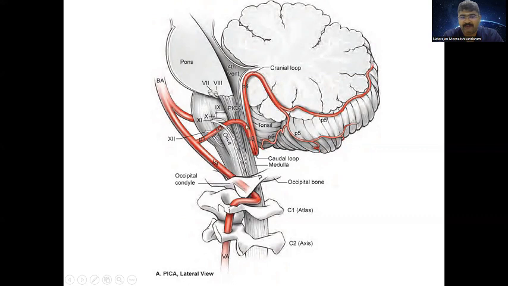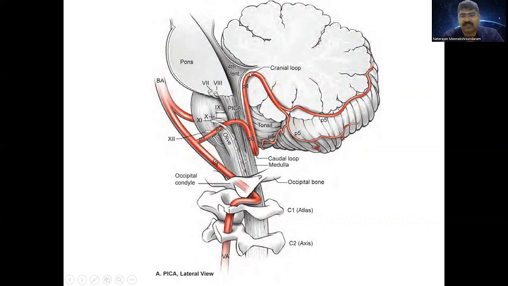Here you have the first loop, which is called the caudal loop. This is the P3 segment, and it extends up to the middle of the cerebellum. From the middle of the cerebellum, it goes up to the floor of the fourth ventricle, where it forms a cranial loop.